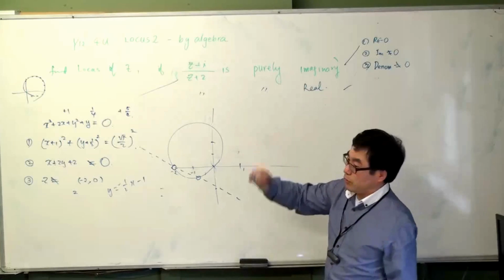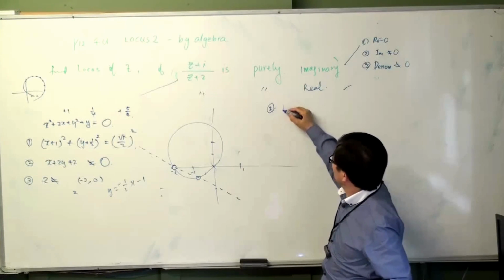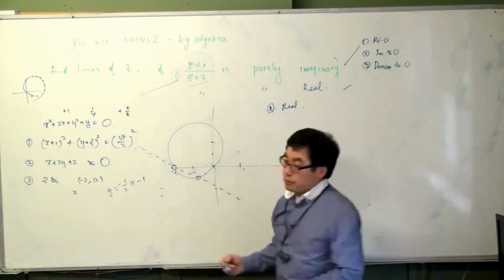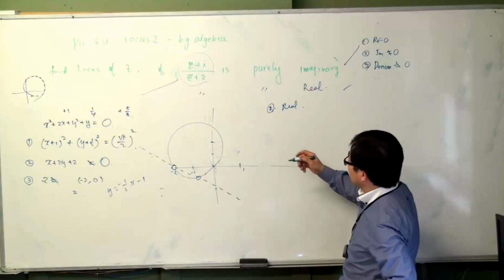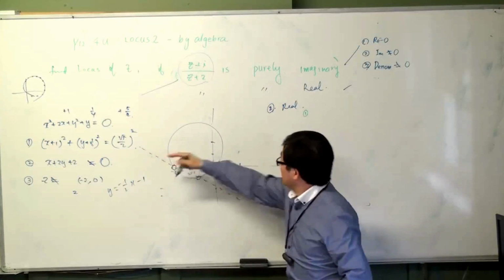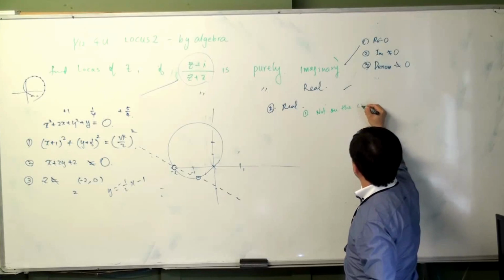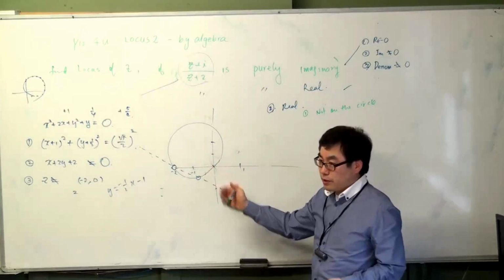Okay, that's part 1. Part 2. What about if this is purely real? Number 1 shouldn't be on the circle, isn't it?